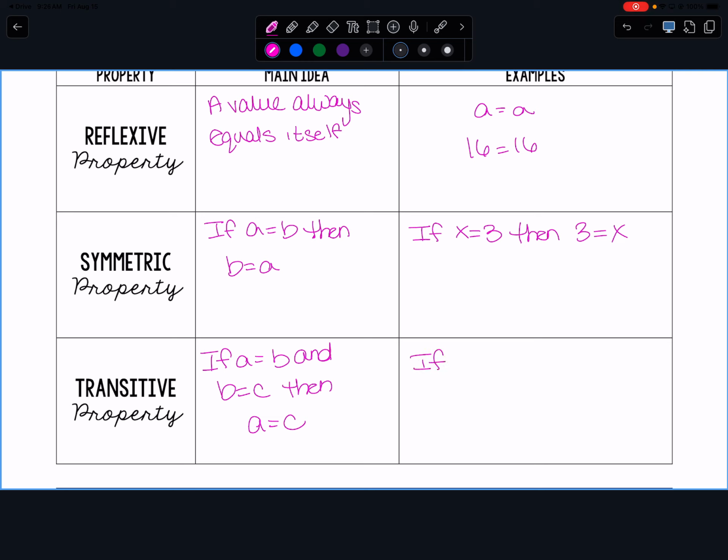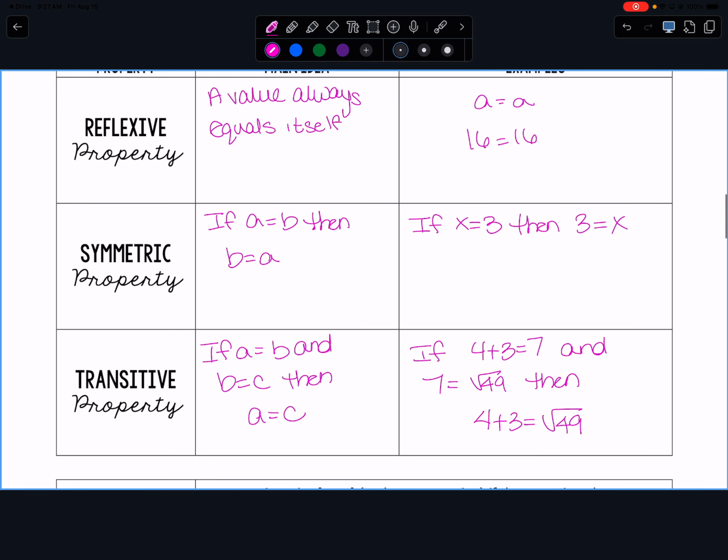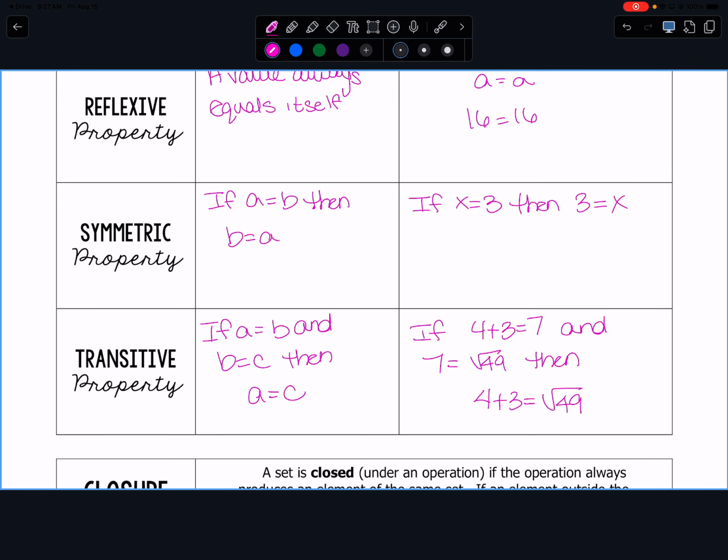So if 4 plus 3 is equal to 7, and 7 is equal to the square root of 49, then 4 plus 3 is equal to the square root of 49. That's what that one means. Not to get all crazy, because I threw a square root in there. But that's really what we're looking at.